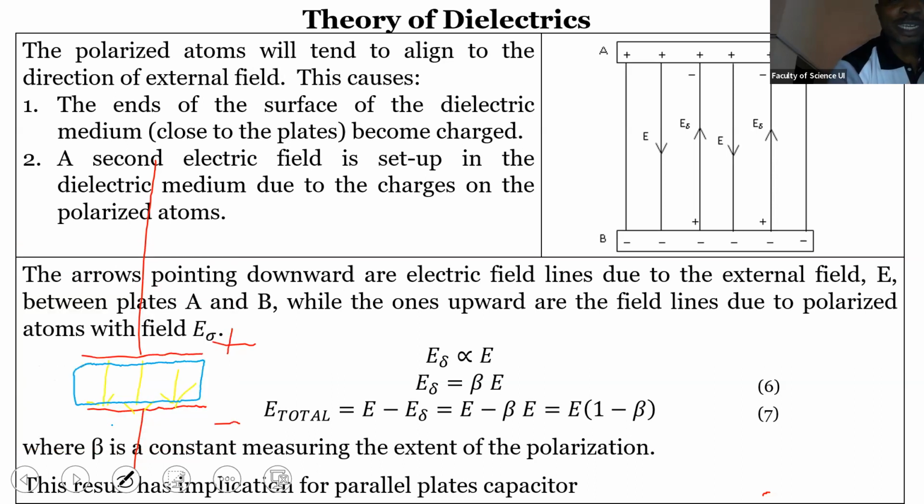So we would expect electrons to drift upwards, leaving the base of that insulator positively charged.